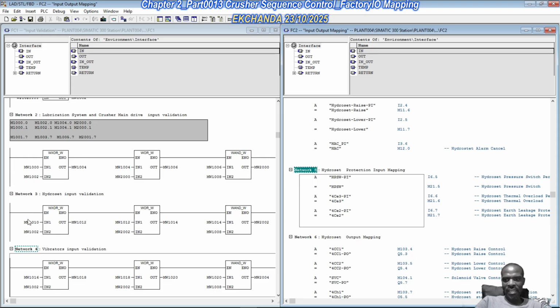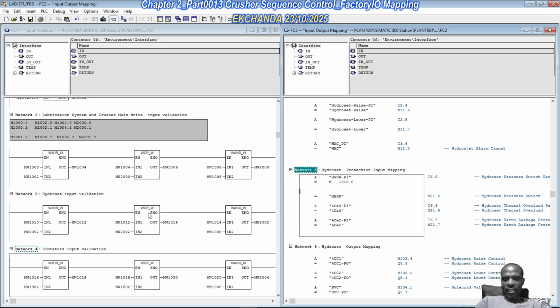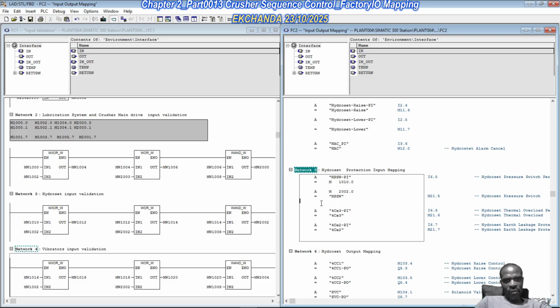The first bit in this memory word will be memory bit 1010.0, and the first bit in the output memory word is memory bit 2002.0, which is then going to pass its signal state to the hydroset pressure switch memory bit used in our logic.